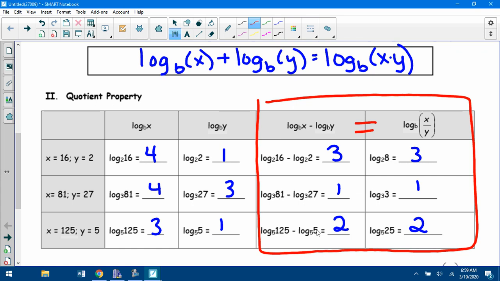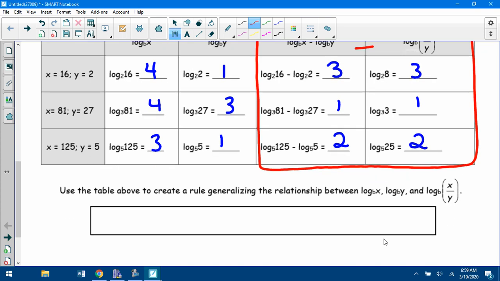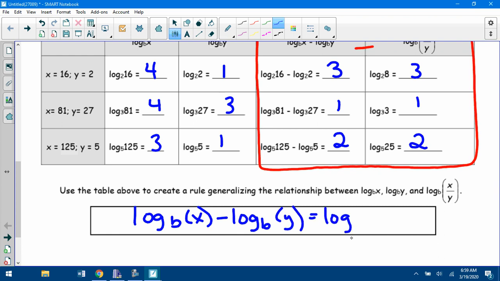And 125 divided by 5 is 25. So the second rule is if you have 2 logs subtracted, log base b of x minus log base b of y, you can make that 1 log with the numbers inside divided. So 2 logs subtracted is the same as 1 log divided.